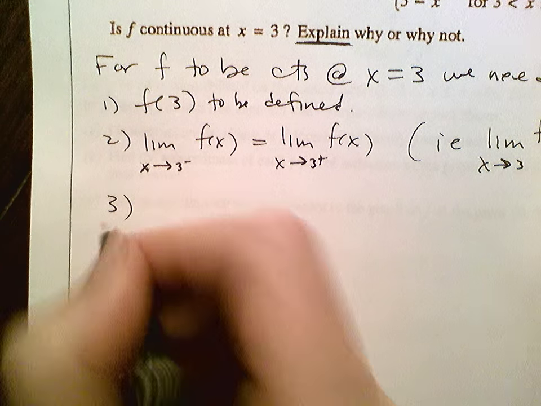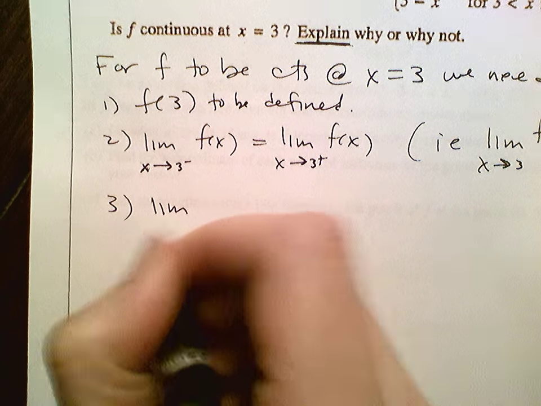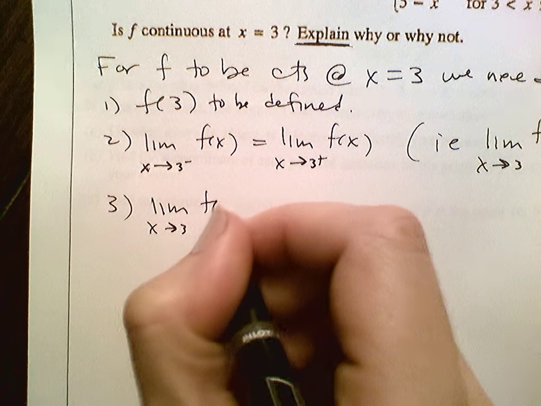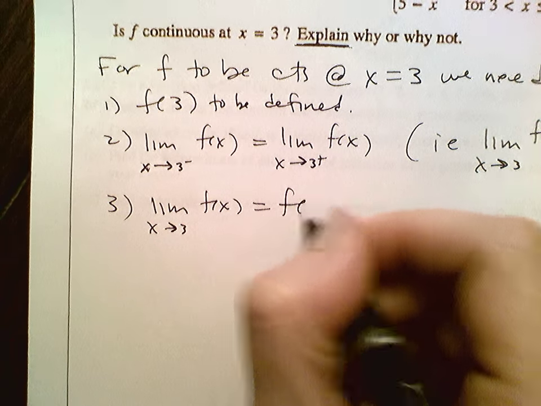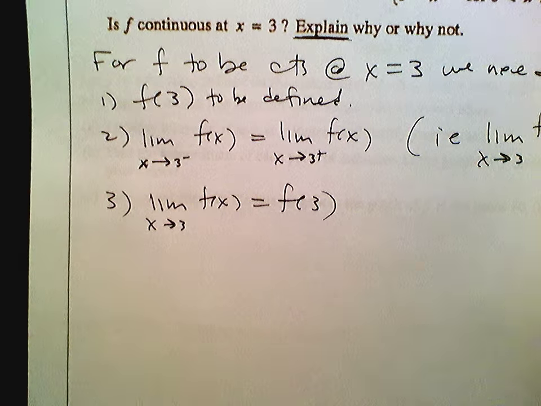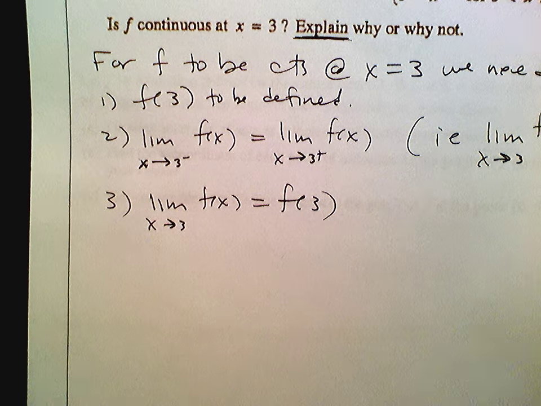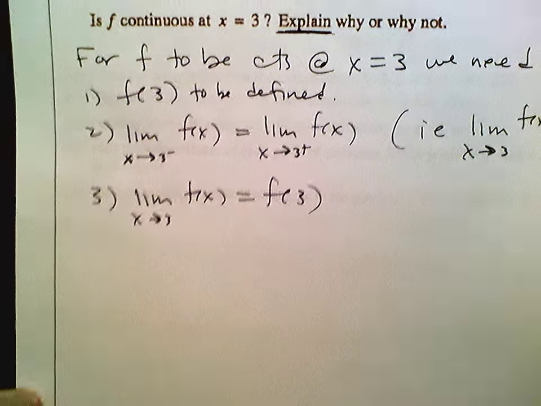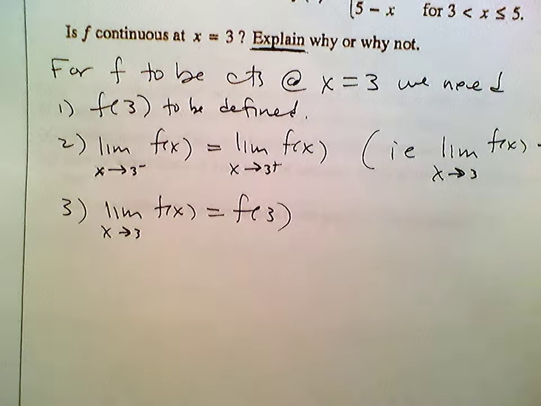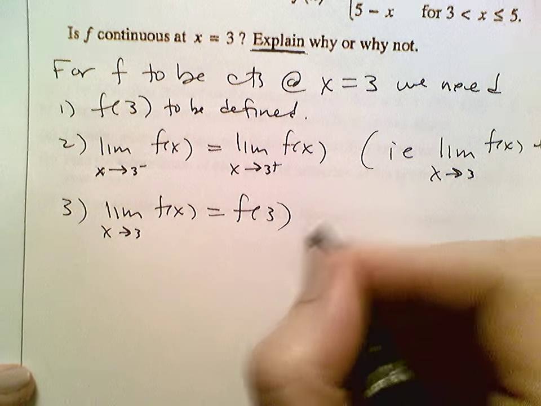And then number 3, we need the limit as x approaches 3 of f of x to be equal to f of 3. Okay, so I'm just going to launch right into these things. And then if they're all working, at the end I can say, therefore, f is continuous at x equals 3. All right, so I've said these 3 things.